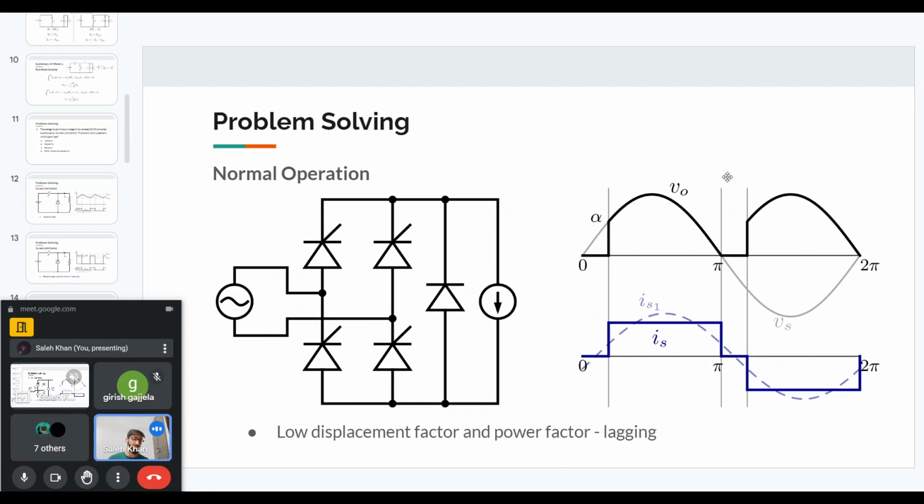If I increase the alpha angle, the displacement factor will decrease. And the displacement factor is the cosine of the angle between the fundamental of the voltage and the fundamental of the source current. So because of this alpha angle, the displacement factor is low, and power factor is also low because displacement factor comes into the power factor as well. And in this case, the current is lagging the voltage. So this is for normal operation.